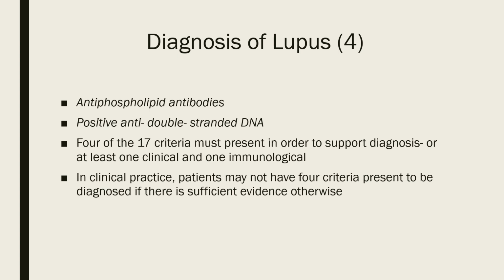So, 4 of the 17 criteria must be present in order to support a diagnosis, or the patient needs to have 1 clinical and 1 immunological. So, in clinical practice, patients may not have 4 criteria present to be diagnosed if there is sufficient evidence otherwise.